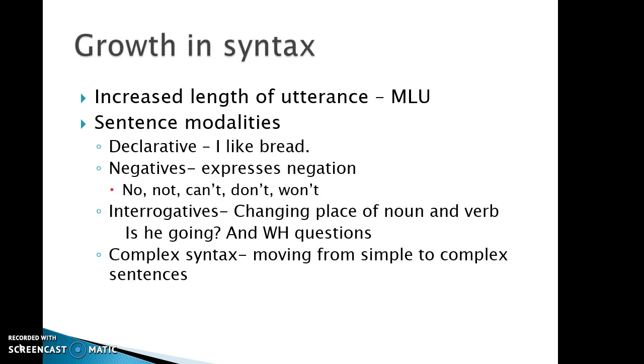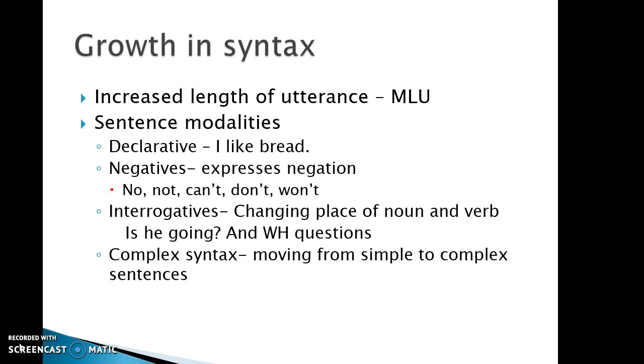What we see for children in terms of their syntactic development is an increase in their length of utterance. And we'll talk in our preschool chapter about mean length of utterance, which is one of the ways we look at language samples, and a really common and well-researched and reputable way of looking at increases in syntax for children. We see an increase in length of utterance, and then we also see changes in their sentence modalities over time.